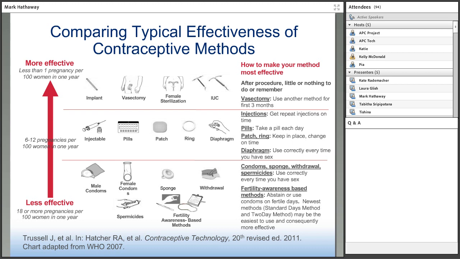So the top, on the far right of that group, are the 2 types of IUDs depicted, as well as the implants. So the LARCs are in that category. And they have the same effectiveness as vasectomies or female sterilization. So in places where obtaining a female sterilization or vasectomy is difficult, IUDs can function very, very well for women who are wanting to limit or avoid pregnancy for a long time.